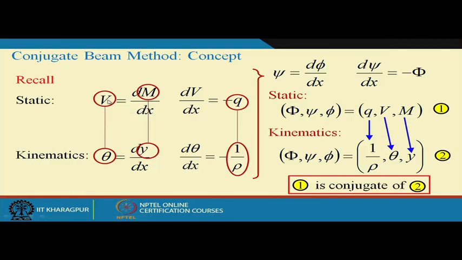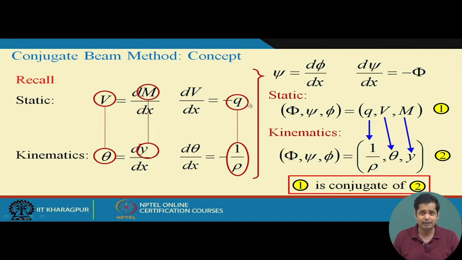You see, the static variables are shear force, bending moment, and intensity of loading q, and the kinematic variables are slope, deflection, and curvature. Now, what we discussed in the last class is that curvature is conjugate to q, slope is conjugate to shear force V, and deflection is conjugate to M.